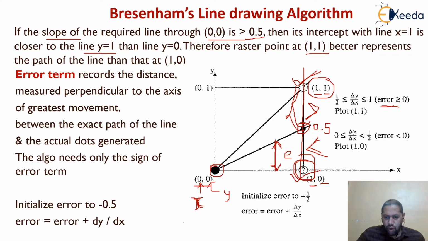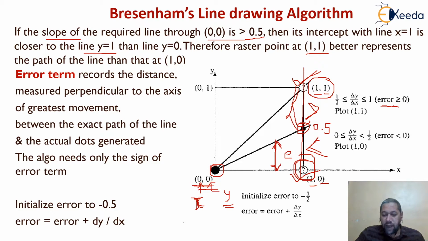So what is my initial pixel? My initial pixel is 0 comma 0. X is always incremented by 1. I have assumed that x has the maximum displacement, so x is always incremented by 1. 0 plus 1, the x value is 1 here. Now I have to find out what should be the value of y.